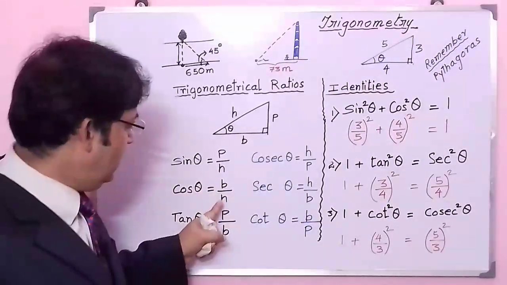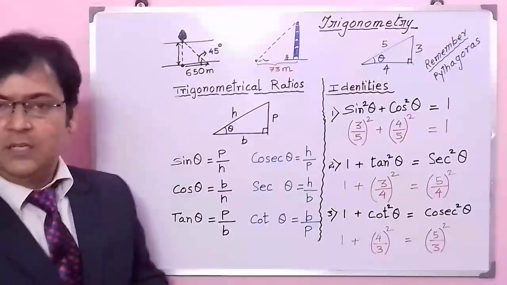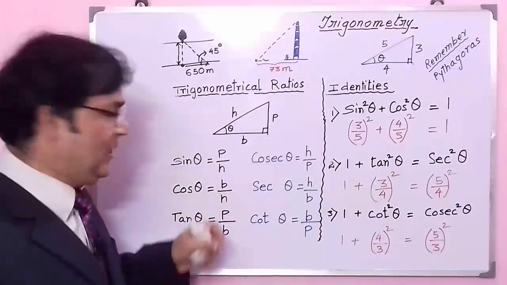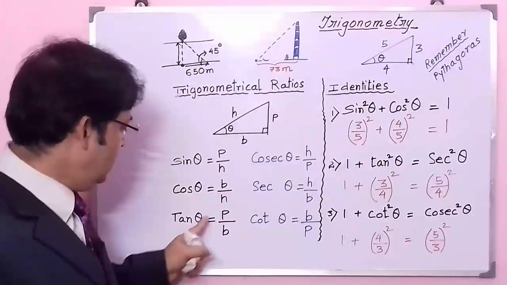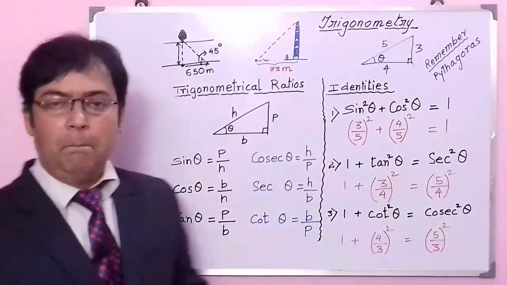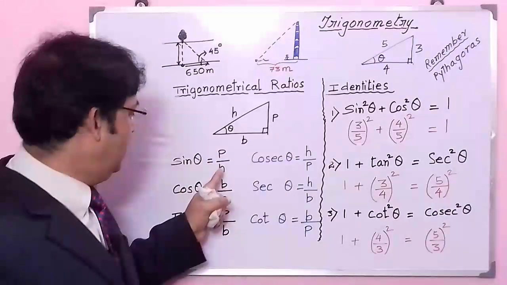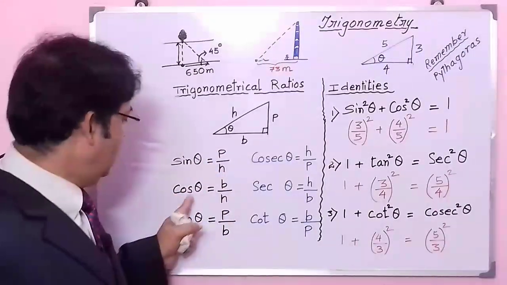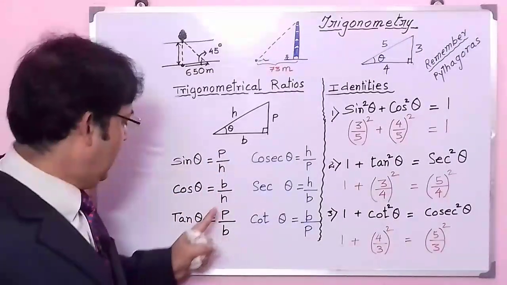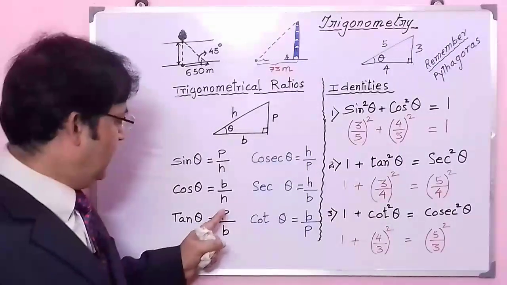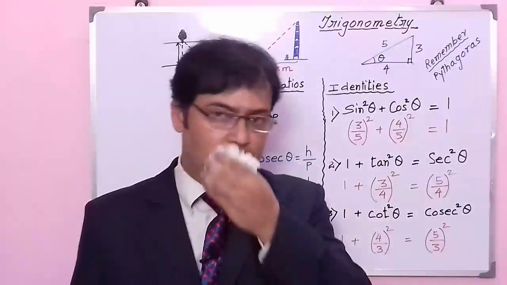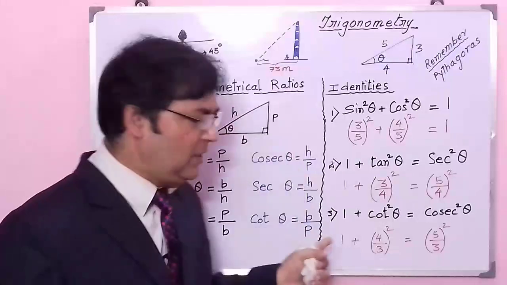Cos theta is B by H. Tan is P by B. And how do you remember the other three?